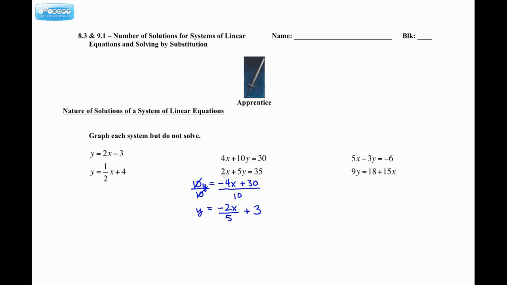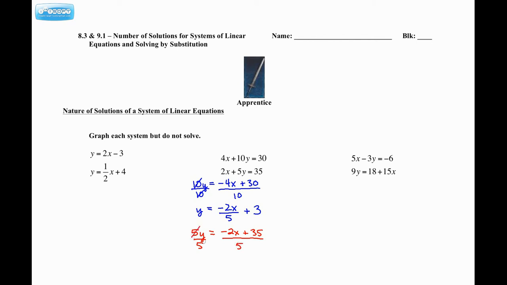And then the next equation. So to isolate this y term here, I'm going to first subtract 2x from both sides. So I'm going to get 5y equals negative 2x plus 35. And then I'm going to, of course, divide out both sides by 5.